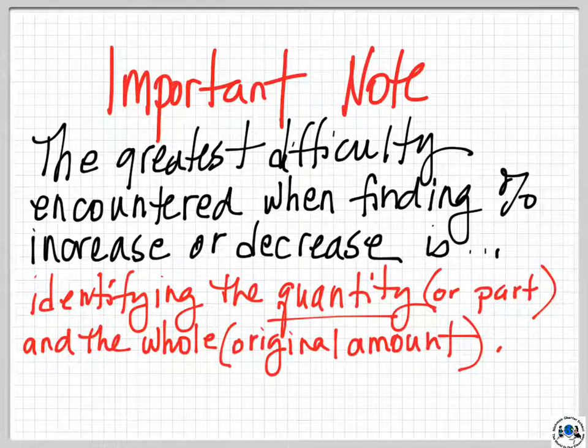It's very important to identify correctly which number you're going to put on the left side of the equation, because we know we have quantity equals percent times whole or original amount. You need to know what numbers in the problem go on the left and the right, and the key pretty much is the words that are being used. You'll get to know it better and better. Original amount is always going to give away the fact that that's the whole value.